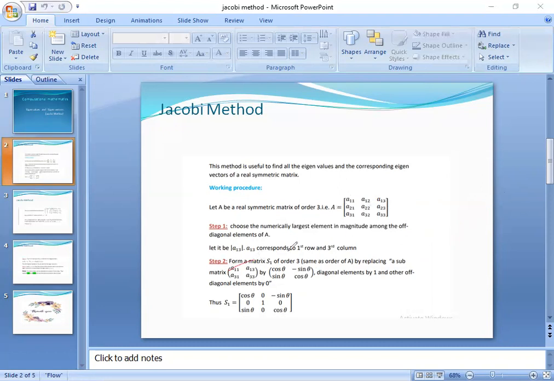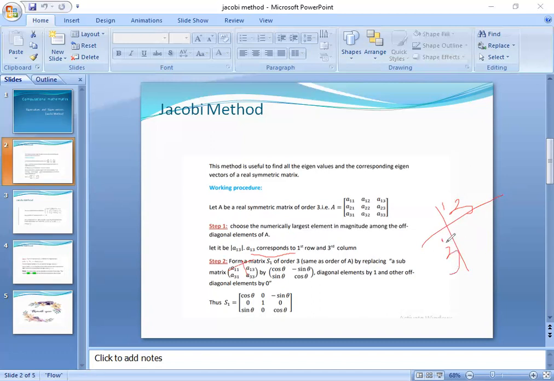A11, A13, A31, A33, which is a 2 by 2 submatrix, is to be replaced by cos theta, minus sin theta first row, sin theta, cos theta. Let us see how to choose this submatrix A11, A13, A31, A33. Since we have chosen the largest element in magnitude as A13, let us take 1, 3 horizontally and vertically.